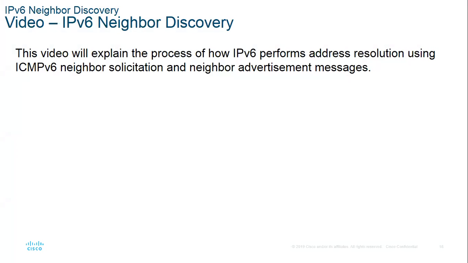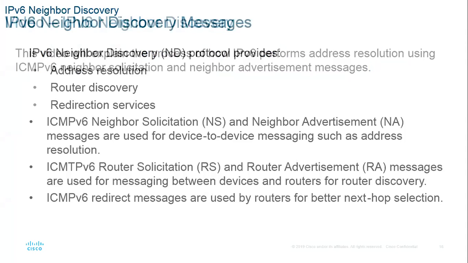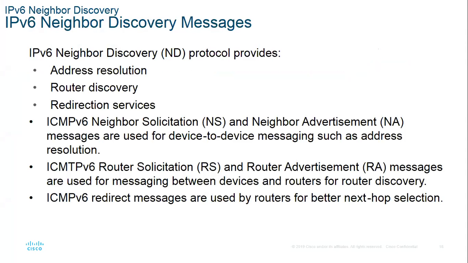This video will explain how IP version 6 performs address resolution based on the ICMPv6 neighbor solicitation and neighbor advertisement messages. The neighbor discovery protocol provides multiple functionalities such as address resolution, router discovery, and redirection services.